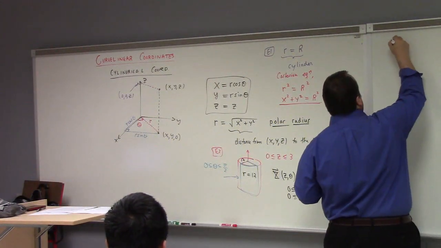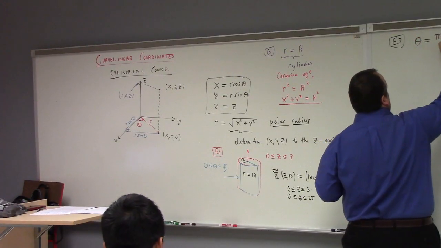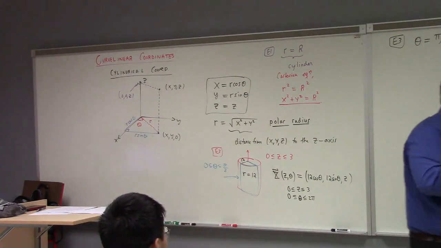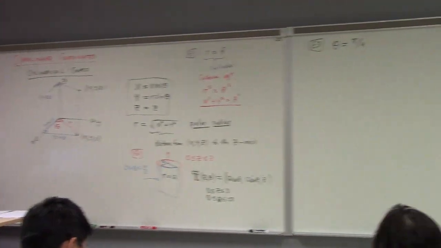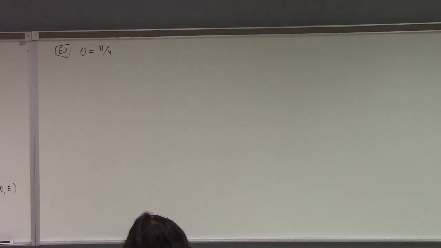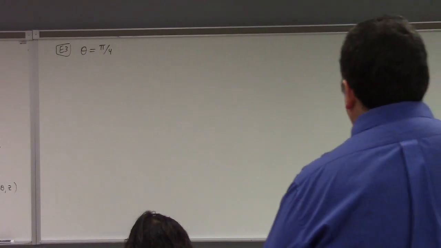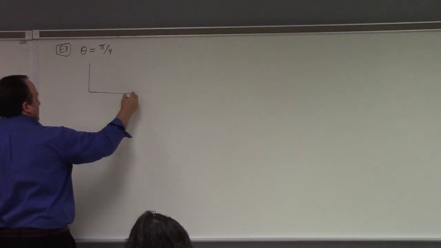So you guys tell me, if I have theta equals pi over 4, what is that in cylindrical coordinates? Can you describe it geometrically for me? What do we have? Here, let me get us started.